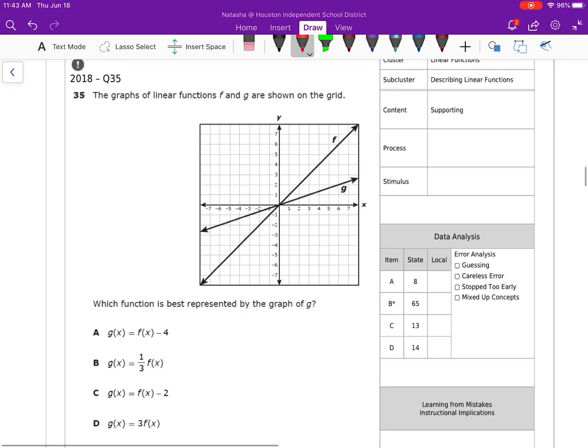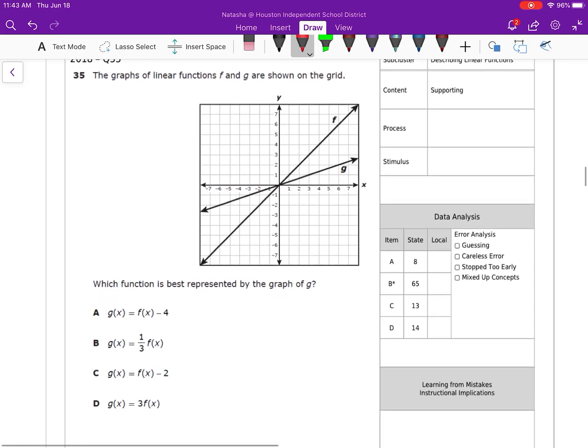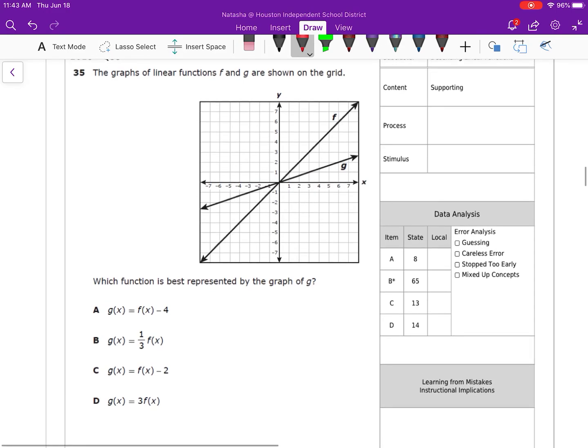So the graphs of the linear functions f and g are shown on the grid below. Which function best represents the graph of g? So I'm going to highlight g because that's the one that we are looking at. Well, that doesn't have a y-intercept other than 0, okay?